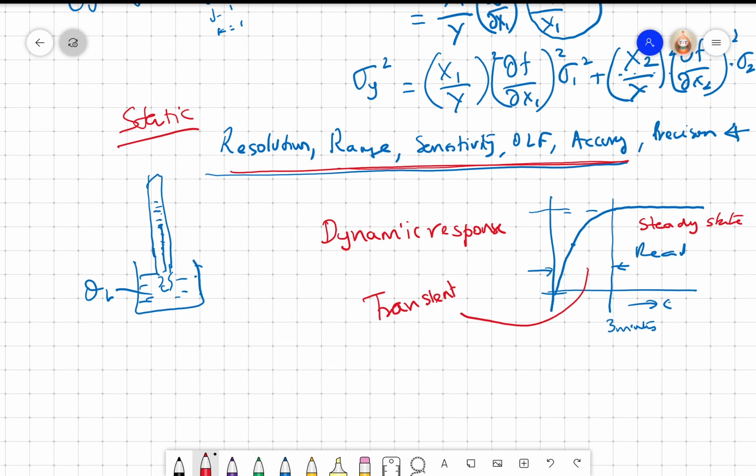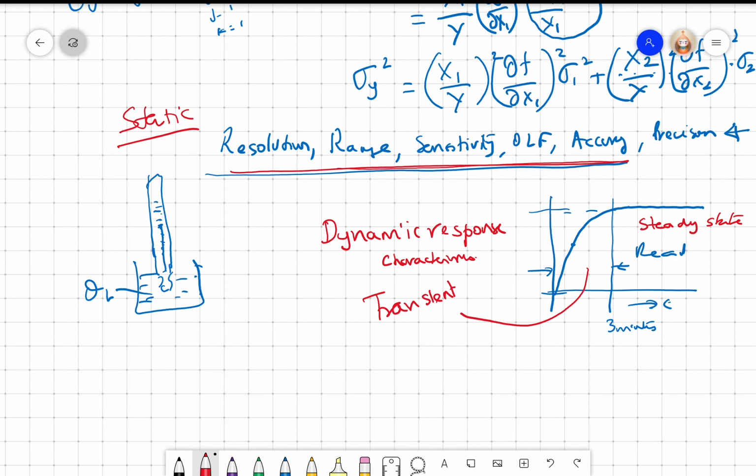So you will have to understand this, otherwise you will wrongly use a transducer without understanding that the transducer has something called dynamic response characteristics.